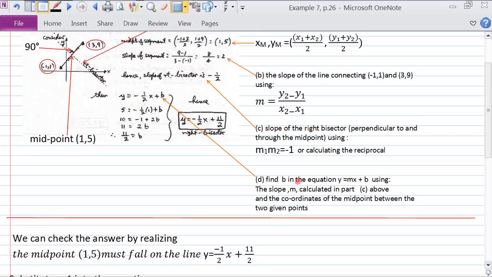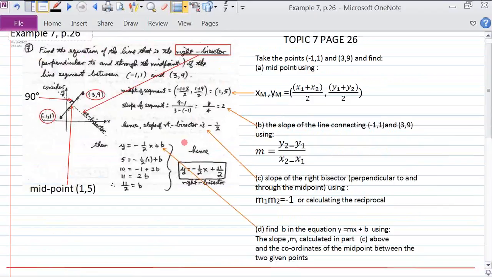So in the last part, find b in the equation y equals mx plus b, using the slope m calculated in part C above and the coordinates of the midpoint between the two given points. So you have to be able to understand this diagram. This is a very important diagram, and to see that you've got these two points here, and here's the right bisector.